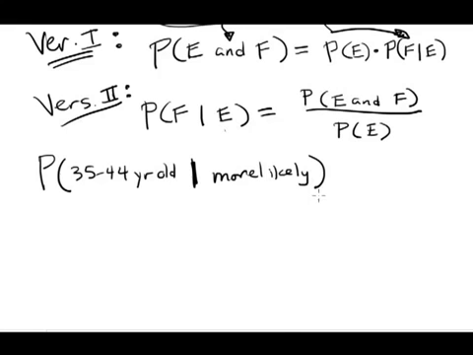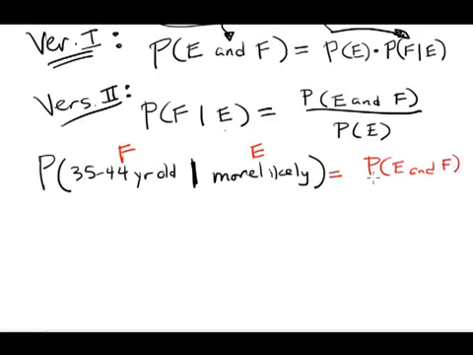This part right here is going to be our F, and this part over here is going to be our E. Using the right-hand side of the formula, let's first find the probability of E and F.